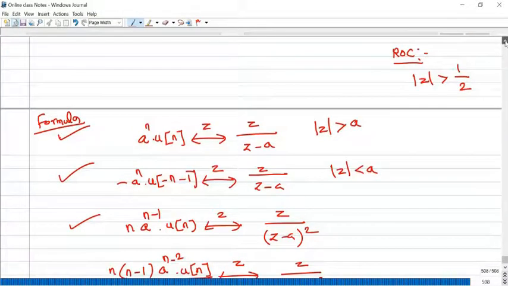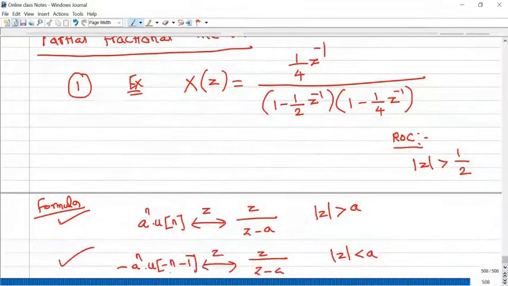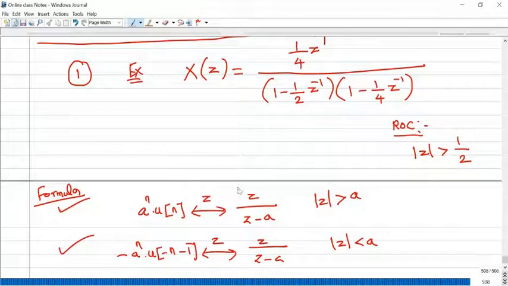Okay, so this is the problem. First convert the given problem into z terms, because I am going to use the z divided by z minus a formula only.